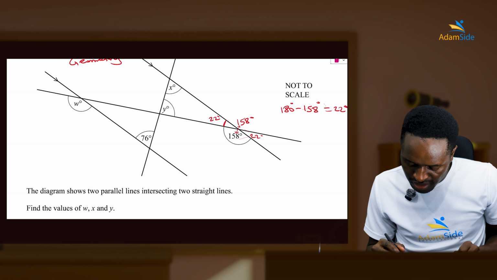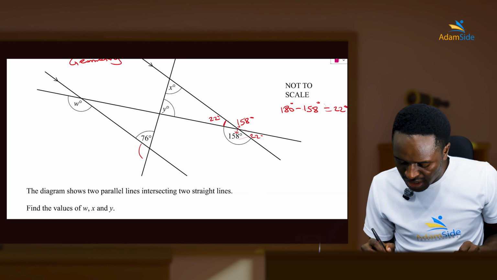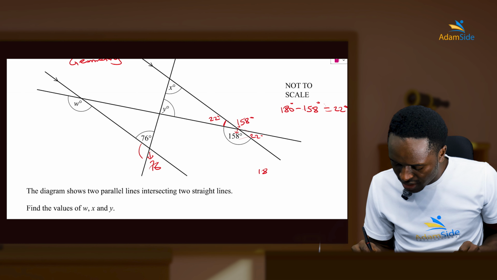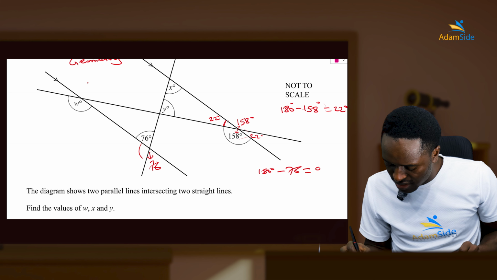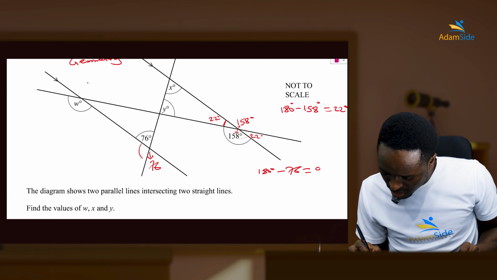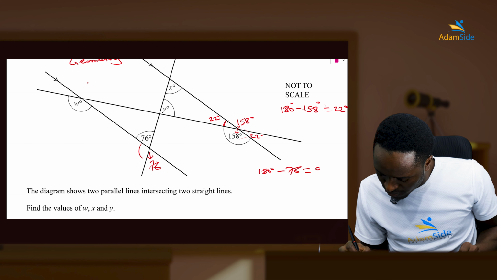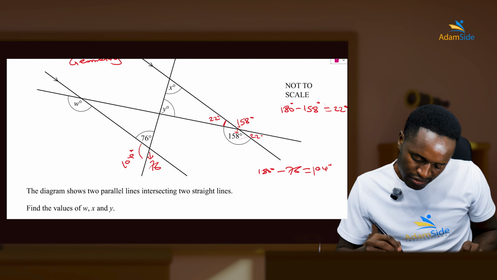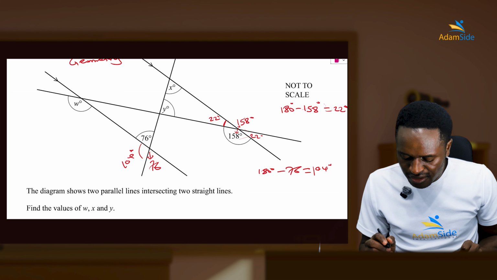This is 76. The angle here is also a straight line. So this is 76, vertically opposite angle, and then 180 degrees minus 76. What do we get? We get 104 degrees. So this is 104 degrees, and then 76.